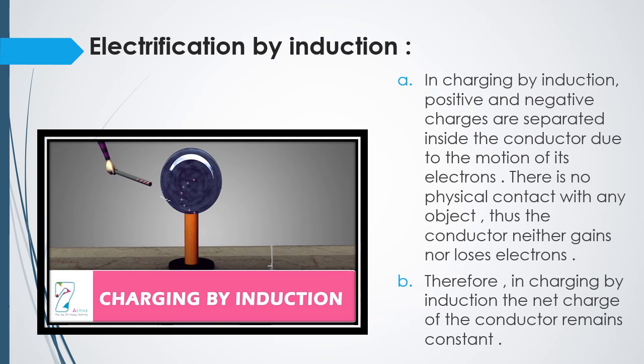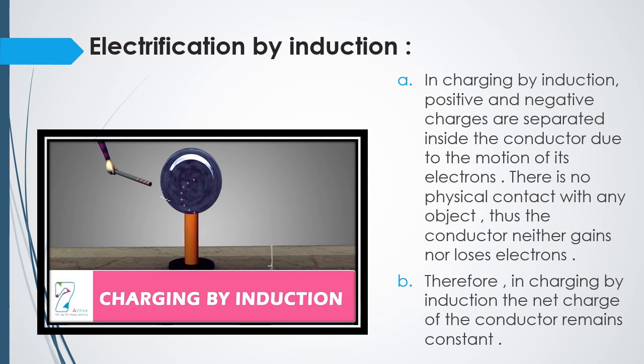So, as shown in this figure, there is a conductor which has positive charge and negative charge. The positive charges are the protons and the negative charges are the electrons. As we approach a negatively charged object to the knob, pay attention, there is no contact between the two objects.